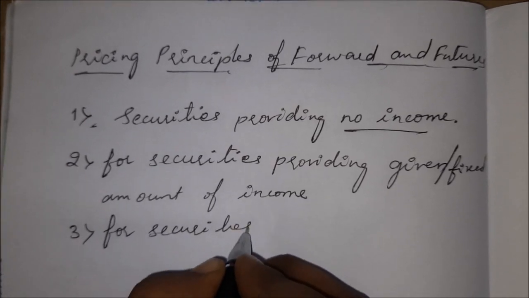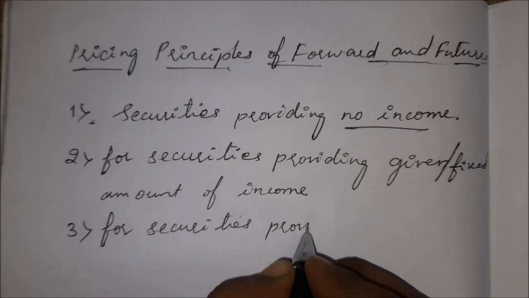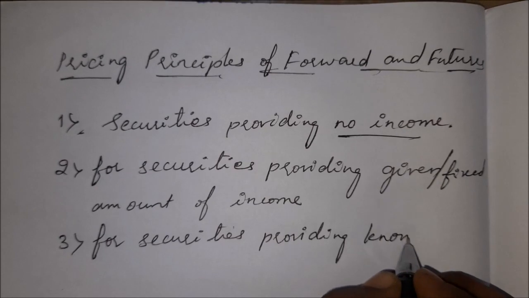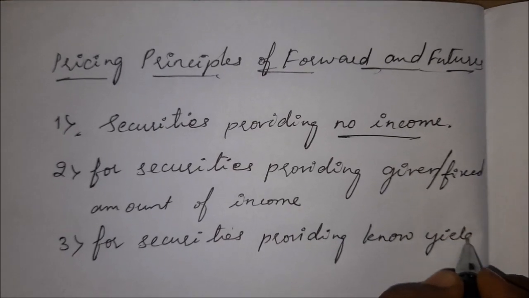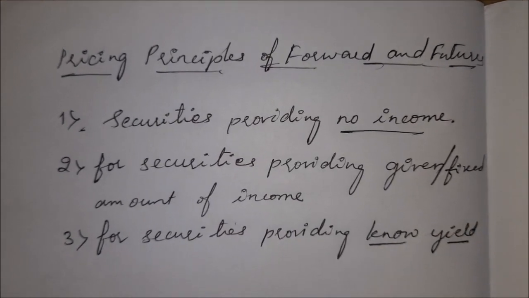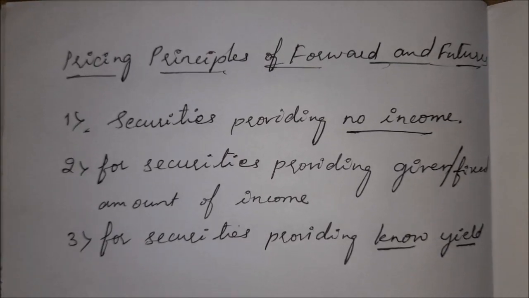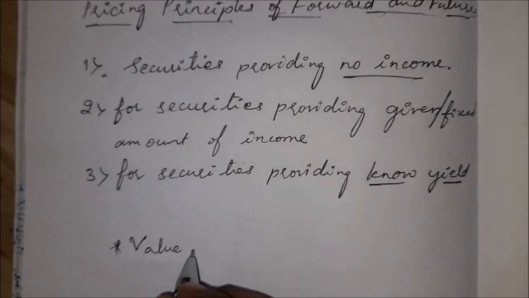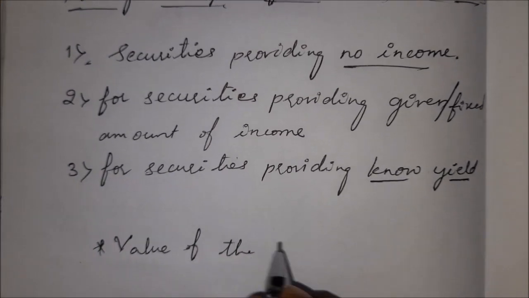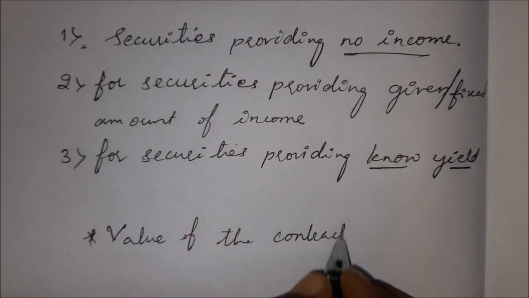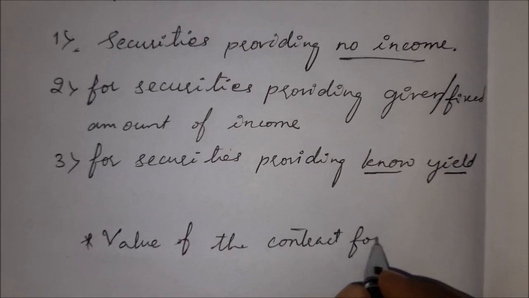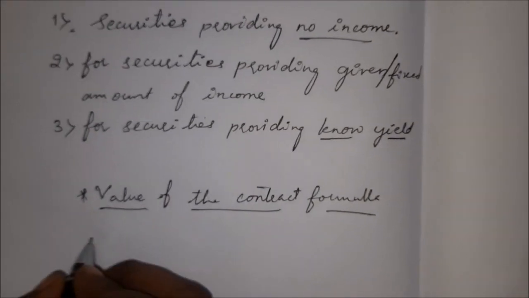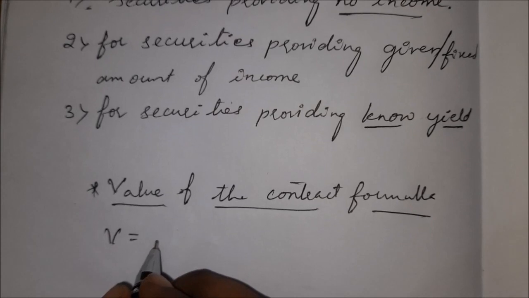And the third method is for securities providing known yield. Also you may be asked to calculate the value of the contract. For this you have to use this formula: it is nothing but the future price multiplied by contract size.